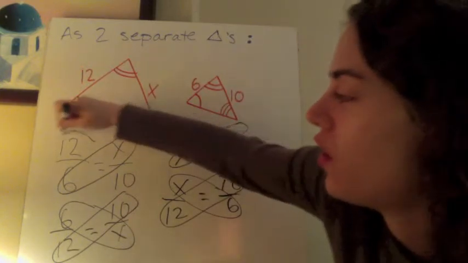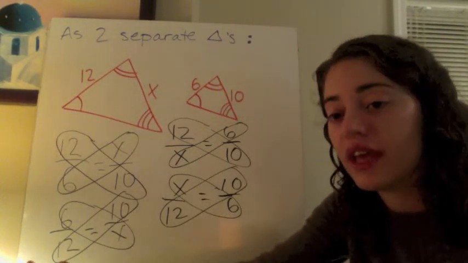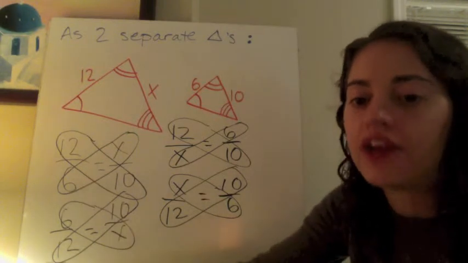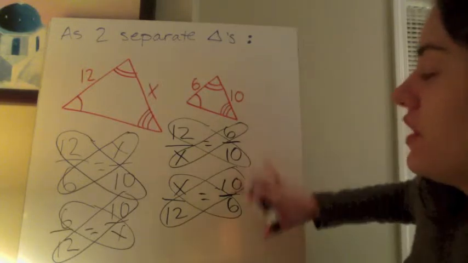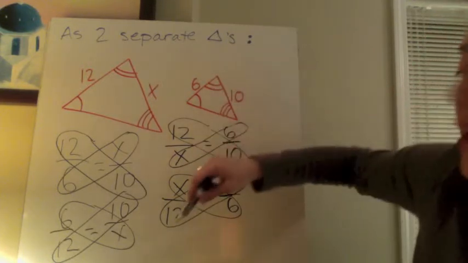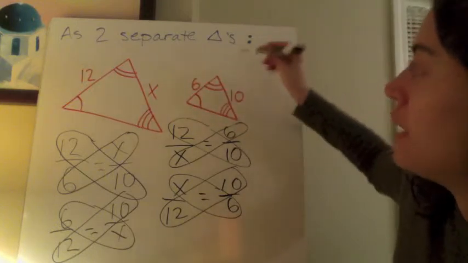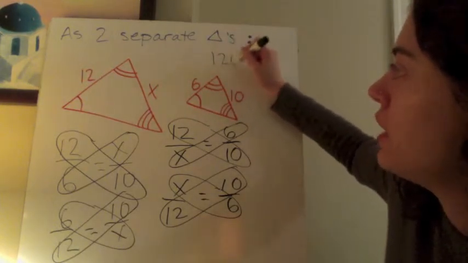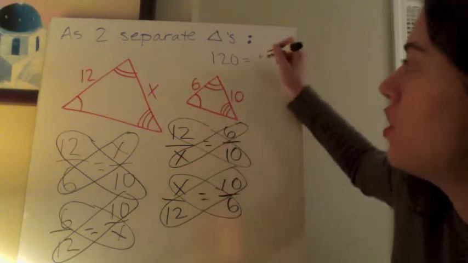So that's why all of these proportions work, because once you set it up, the next step in solving it, it doesn't matter which one you had, you're going to end up with the same equation. So if I want to continue solving this, I know on my diagonals, I cross multiply. That means I'm going to get 12 times 10, or 120, is going to be equal to x times 6, or 6x.